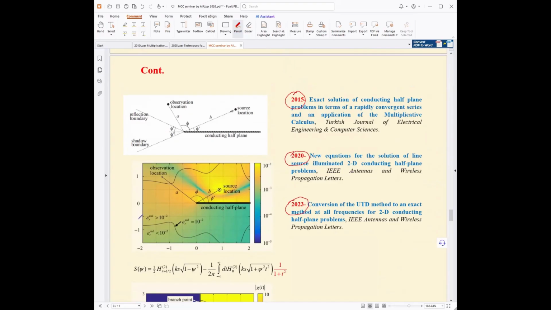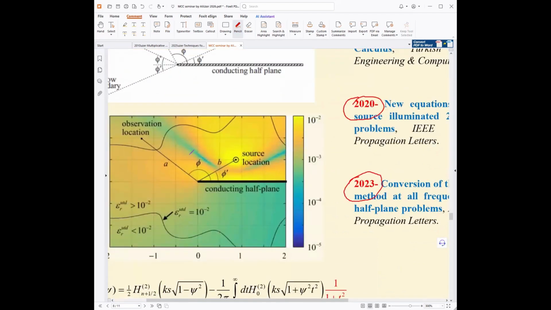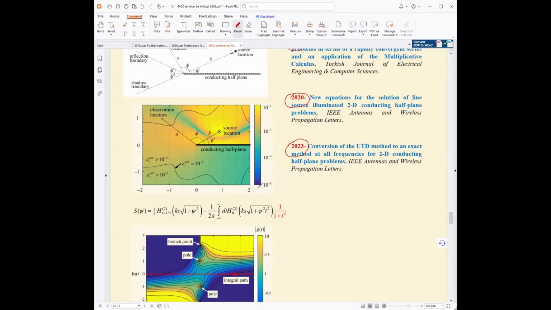2023, I considered this type of electromagnetic boundary value problems or scattering problems. A solution, a color graph of the solution, is displayed in this figure. Again, the boundary value problem solutions are obtained from the evaluation of this kind of integral.